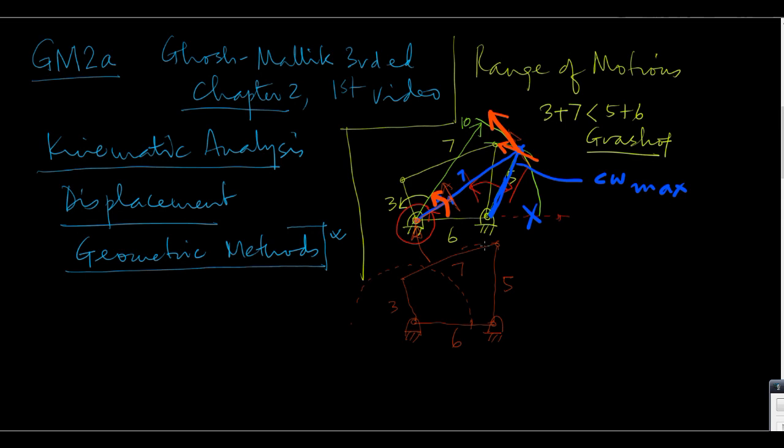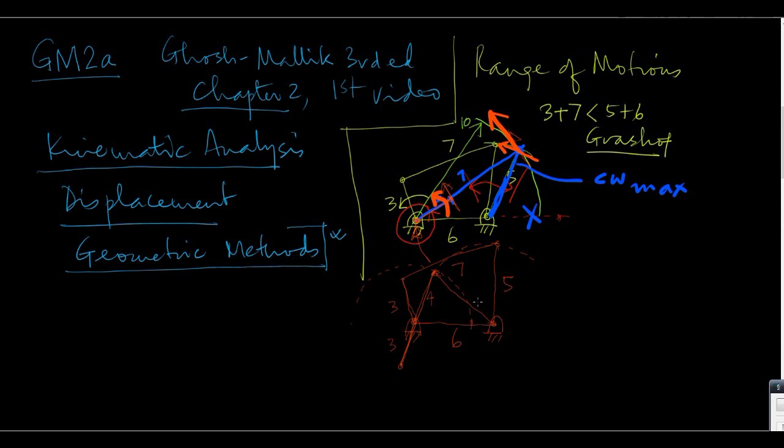From here you extend this arc and it cuts here. This is 4, this is another 3. This link has now come here, it has gone back up 7 units, it has reached here.